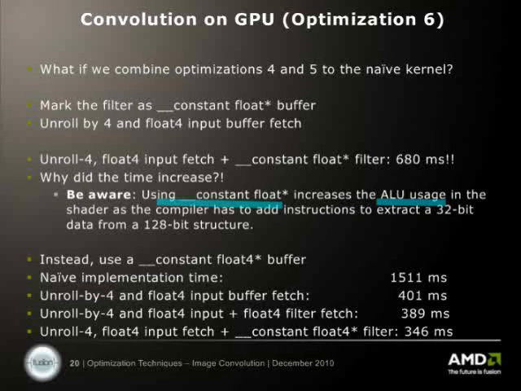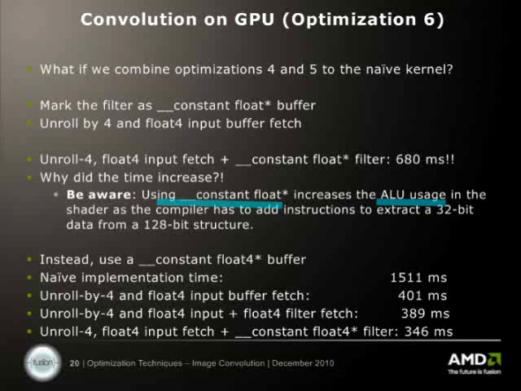As we started speeding up the algorithm, using caches more and more, doing float 4 accesses, and unrolling the loop, we made things faster. Now, memory accesses are becoming less and less of a bottleneck. And now, if I say constant float pointer, it increases my ALU usage. If you look at the ISA, which is the assembly, you will see that it increases quite a bit, right?